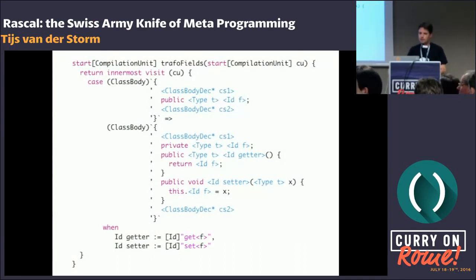Yes? You mentioned something very briefly about comments. Can you say something more about what you do and how successful you are at it? You mean about preserving comments? Good question. If you don't touch anything, then comments are just preserved. For instance, comments outside this class body will just be preserved, outside of this pattern, so to speak. Currently, the comments are always in between things.